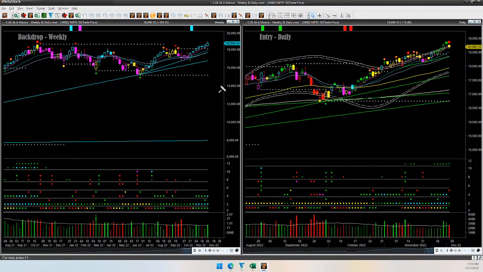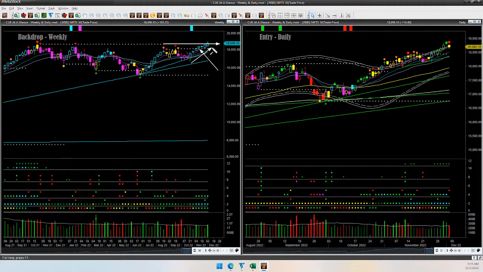This is the Nifty 50 index. Now let's look back when price was here. In that weekend market recap, I mentioned that most likely Nifty 50 was going to go up and make a new all-time high. That indeed happened.